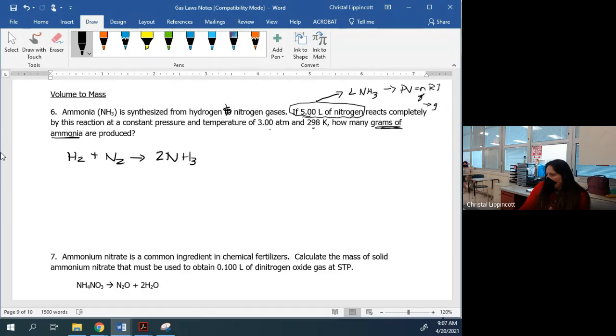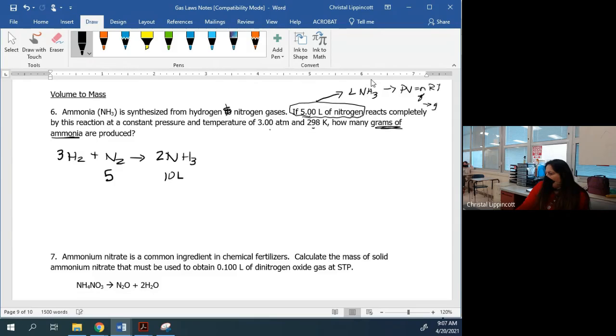So I'm going to put a 2 here. That's going to get my nitrogen balanced. And then I'm going to put a 3 here to get my hydrogen balanced. Okay. So my game plan was I was going to convert my liters of nitrogen over to liters of NH3. So I've got 5 here. So that would make how many here? 10.